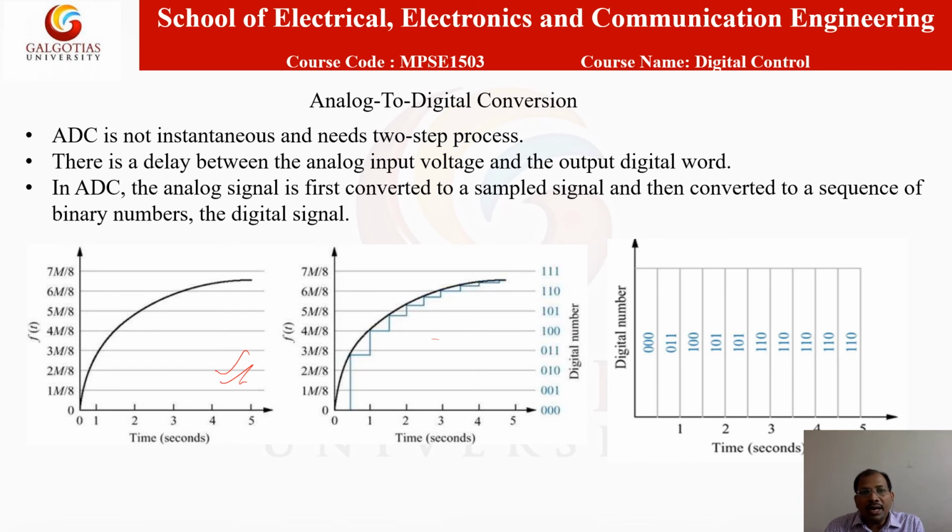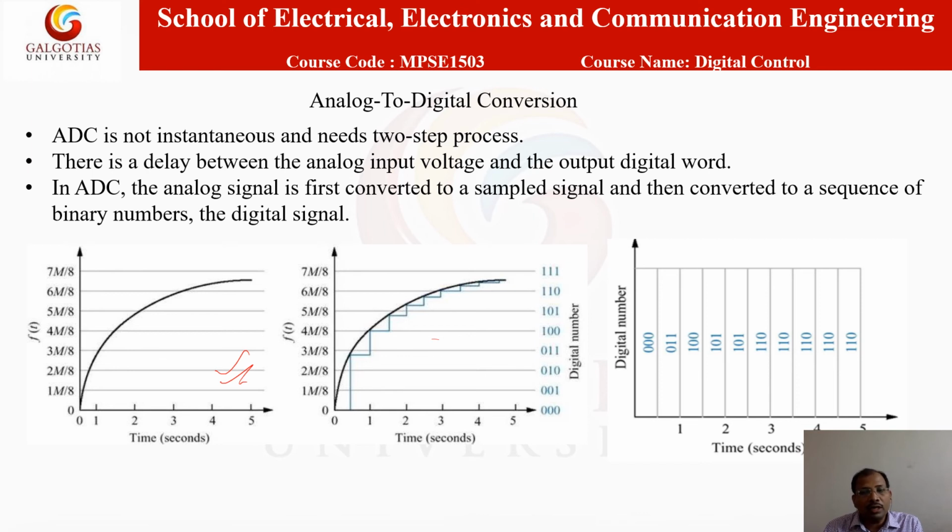So the ADC is not instantaneous and needs a two-step process. One is the sampler, the second is the quantization. We first sample, then we apply the quantization. But digital to analog is a single step. There we only consider a zero order hold circuit, rather than first order or second order.